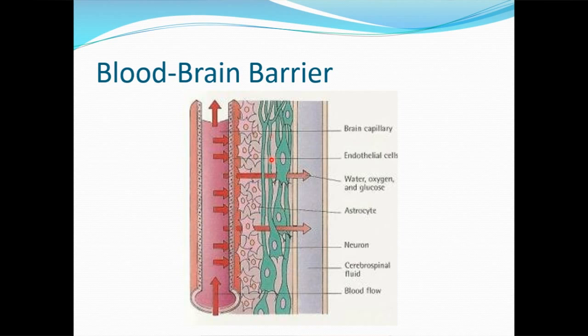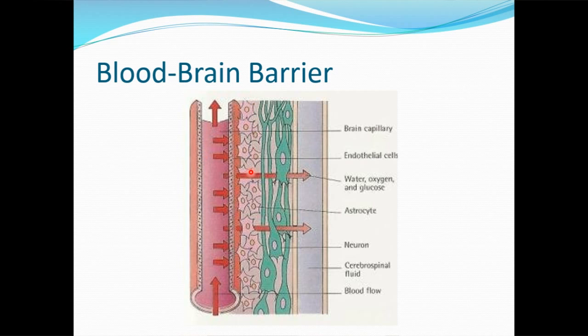Now, we have the blood-brain barrier, where we have these capillaries in our arteries and capillaries in our brain. And water and oxygen and glucose are allowed to pass through into the brain, but nothing else. It's very protected, the brain. And that is also why drugs and so on, I'm talking about psychiatric medication that's prescribed, have got to have a certain consistency to be able to get through the blood-brain barrier.